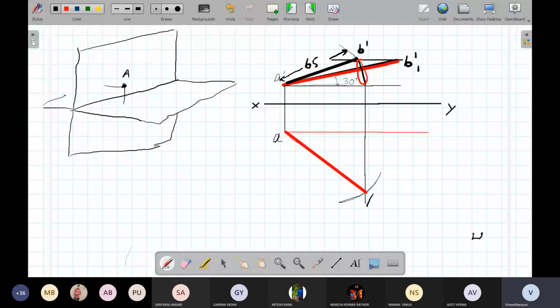So this forms my B. You can also draw the apparent line. For that you have to project this one. So I will use a straight line and a thinner line.